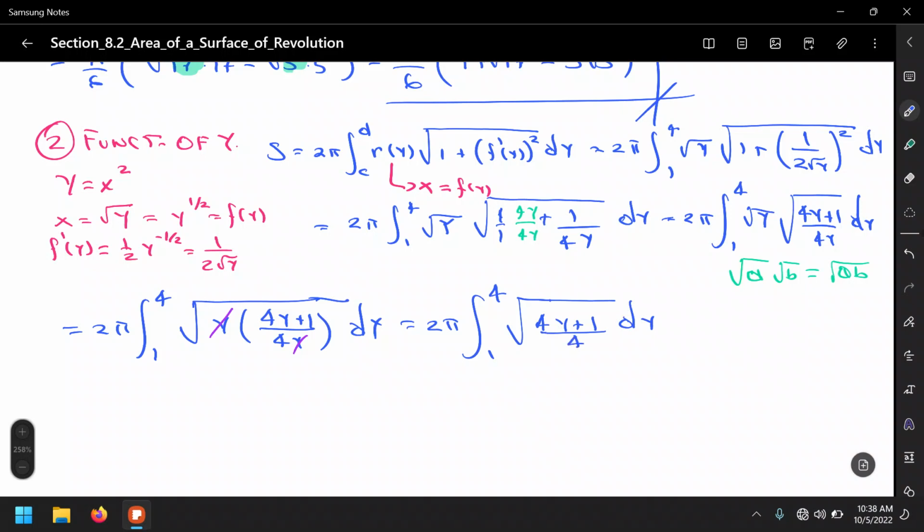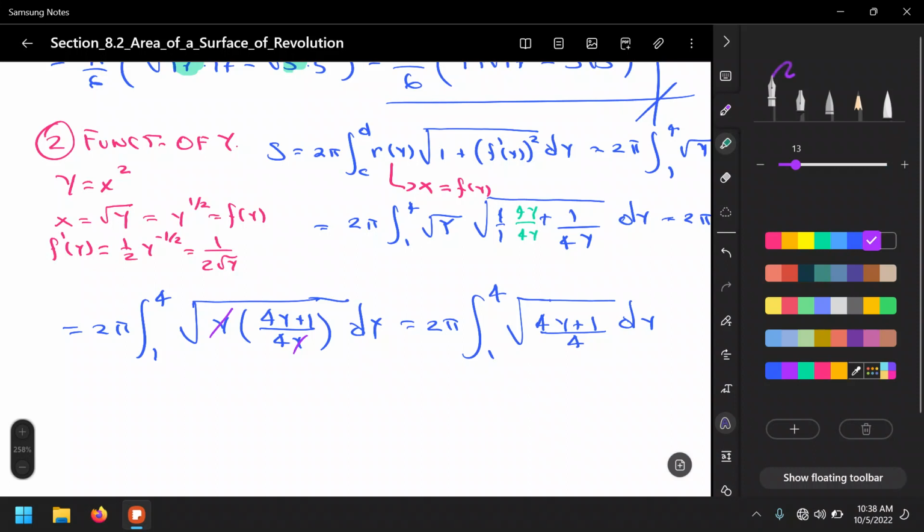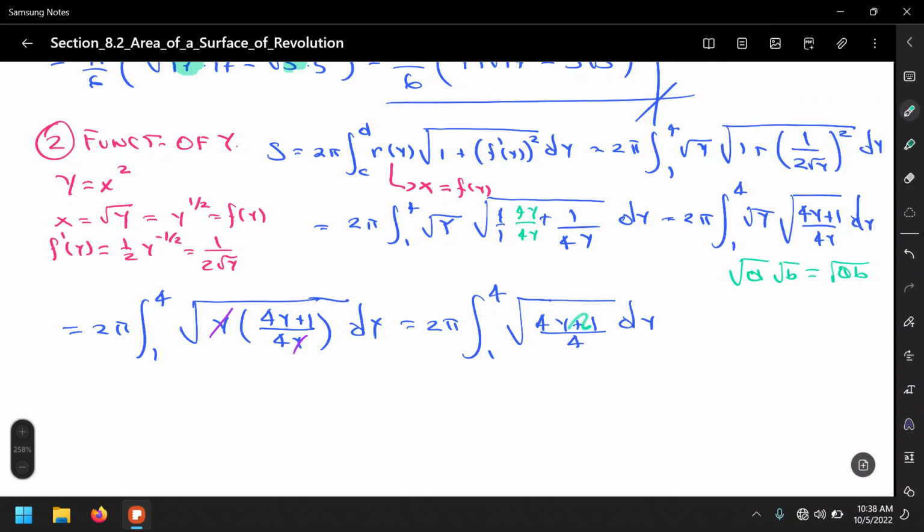This time I'm going to use the quotient rule for radicals, in the same way that we have the radical of a quotient AB. That's the radical of A over the radical of B. So we're going to have 2 pi integral from 1 to 4 of the square root of 4y plus 1 divided by the square root of 4.